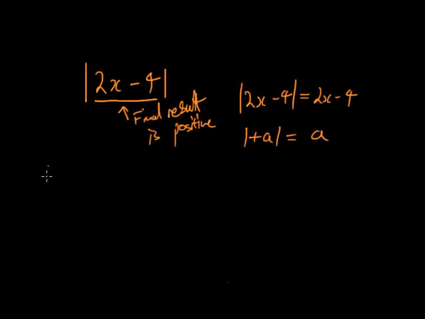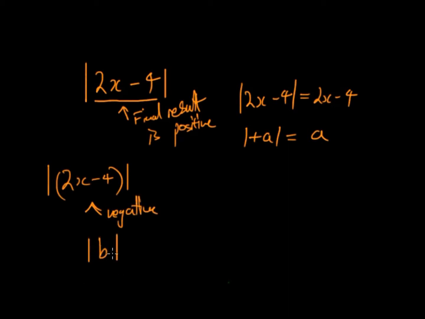Then when the final result is negative, so let's say 2x minus 4, whatever number is in here is negative. So let's say we have modulus b. So if b is negative, so here's a negative number, the modulus of b is equal to negative b.